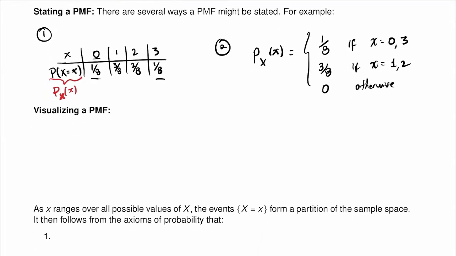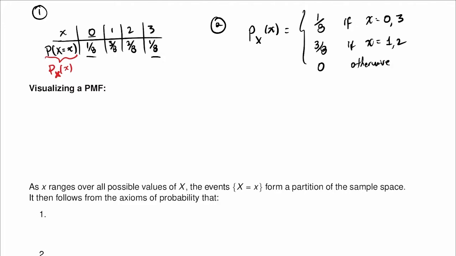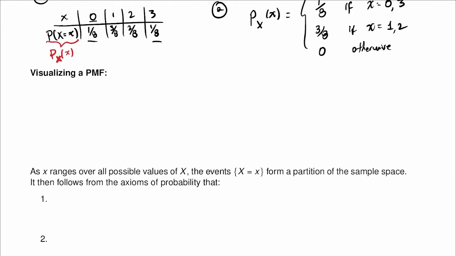How to visualize the PMF? Well, on the x-axis, we are going to plot the values of the random variable X, and on the y-axis, we are going to plot the probabilities. If we have the value 0 over here, and the probabilities are, let's say, 1 over 8, 2 over 8, and 3 over 8.